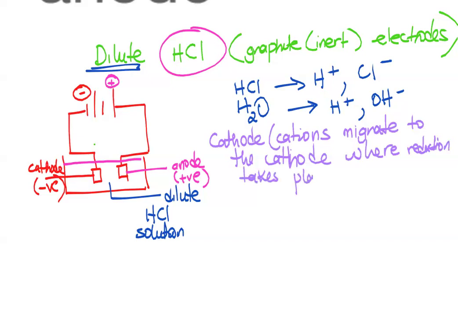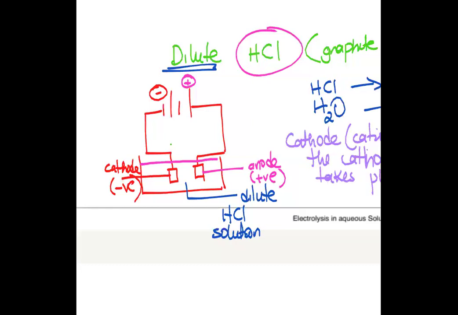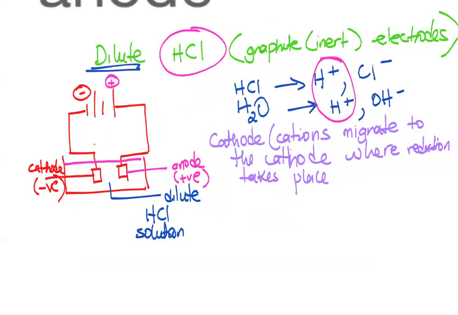So which are the ions that would migrate towards the cathode? Which is the only positive ion in solution? There will be no competition at the cathode because it's all H plus. At the cathode, there is no competition. Why? Yes, it's both H plus from the HCl and the water.